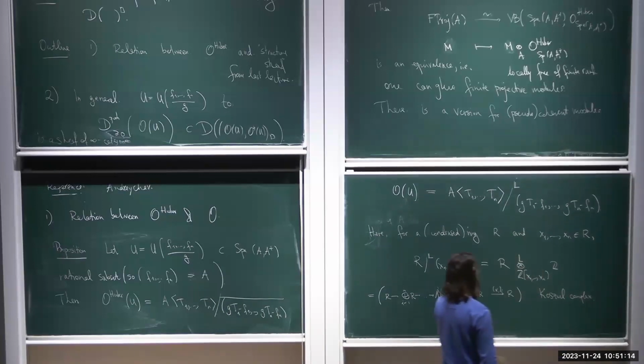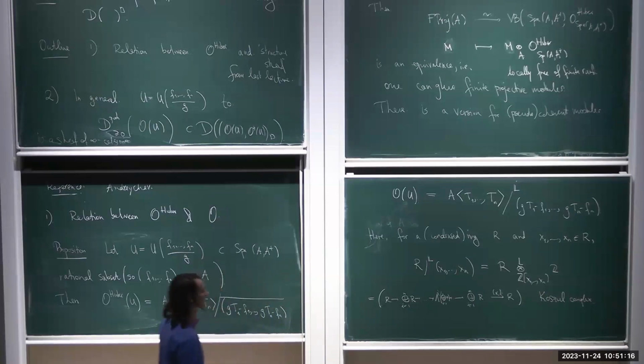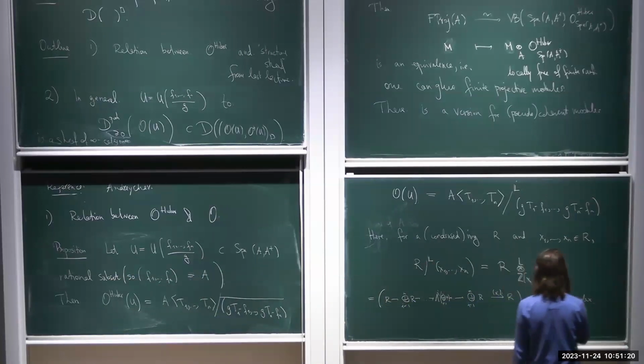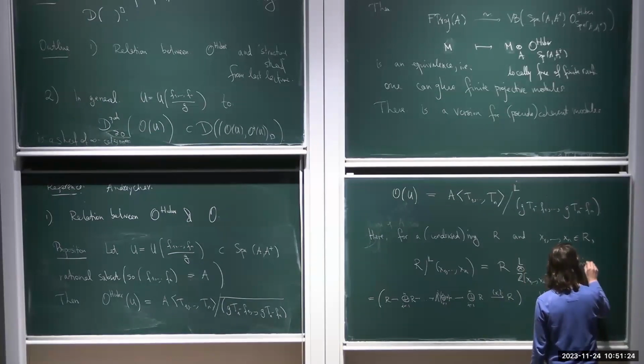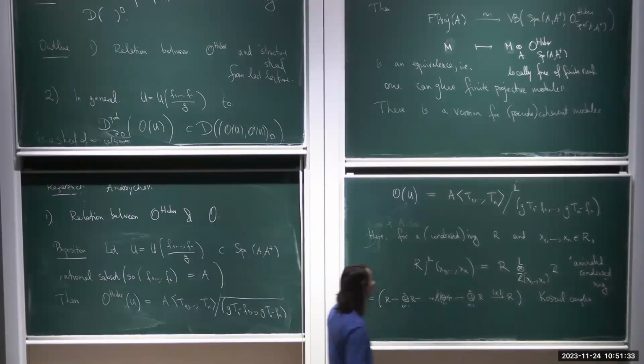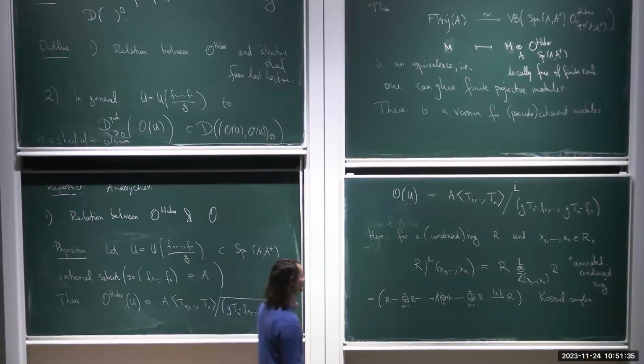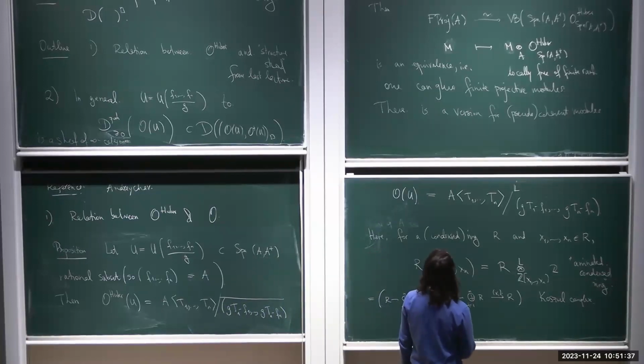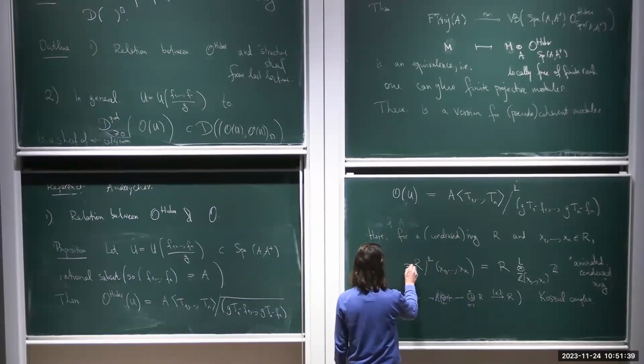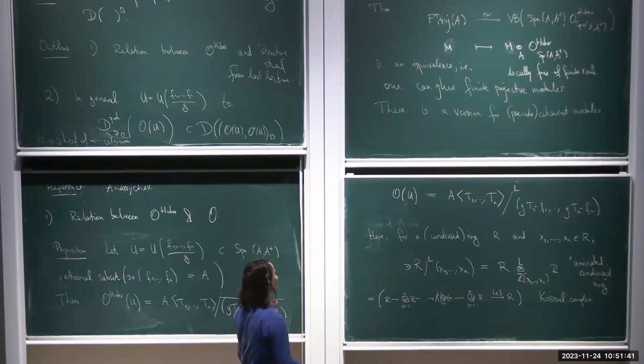It will be an animated condensed ring, and that's why I will consider this. I don't really want to talk about animated things today, but it's certainly some kind of commutative algebra in the derived category.